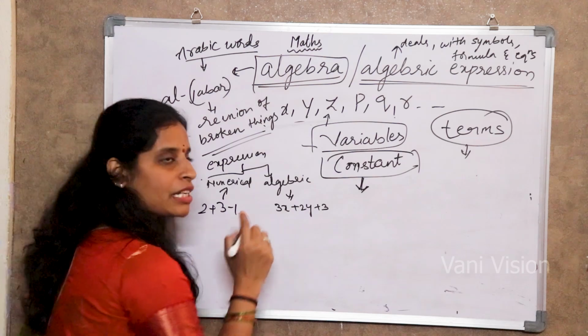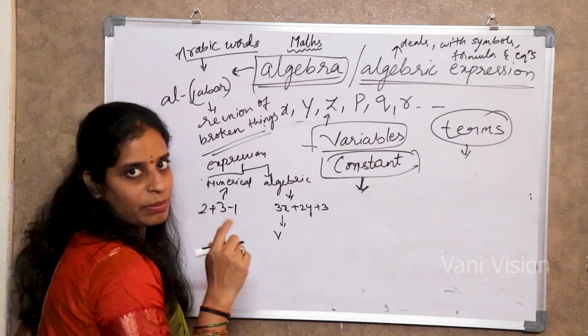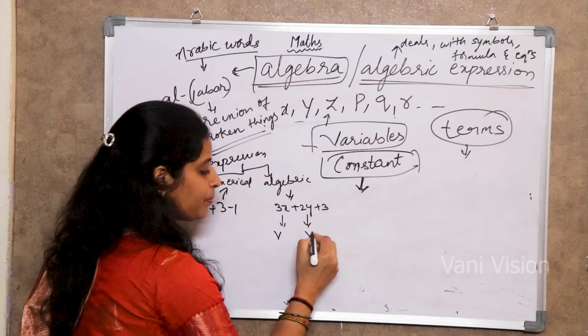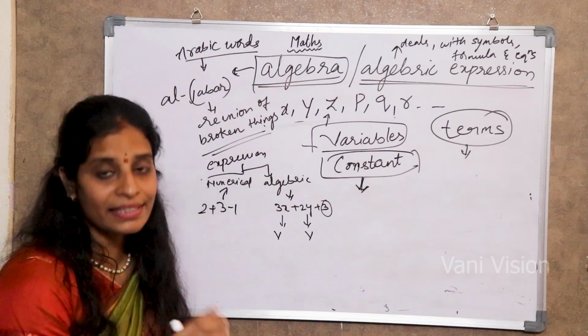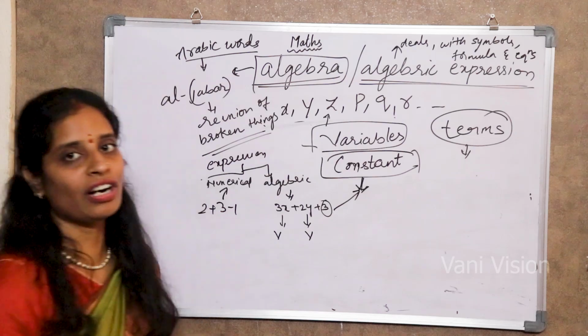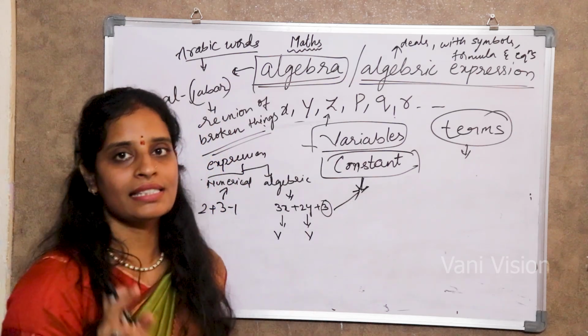Observe the algebraic expression. 3x is having a variable, and 2y is also having a variable. Is 3 having any variable here? No, right? So it is called a constant.